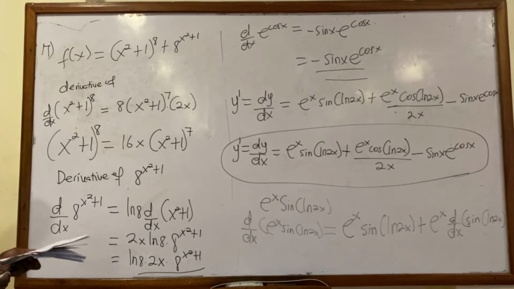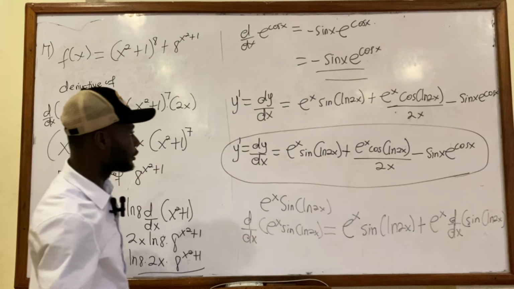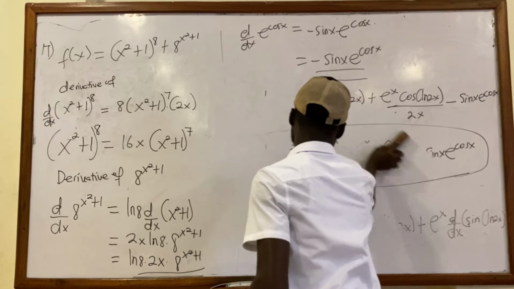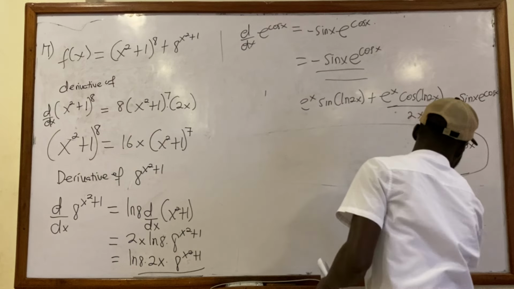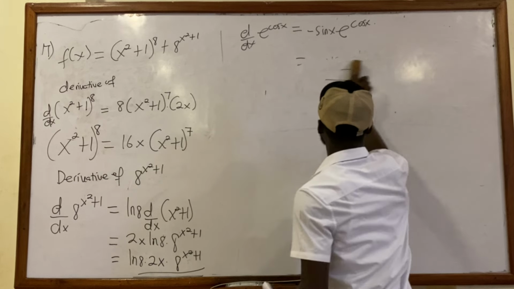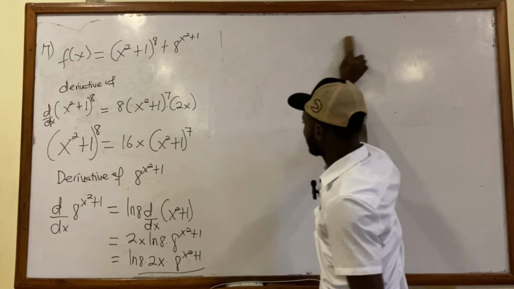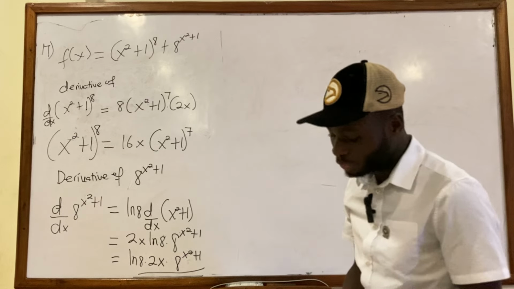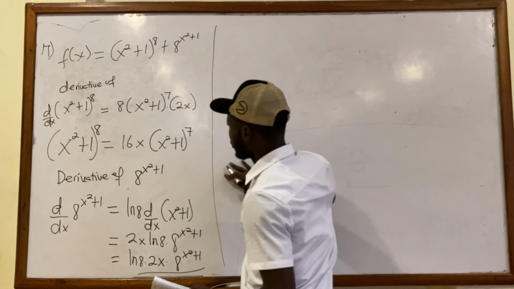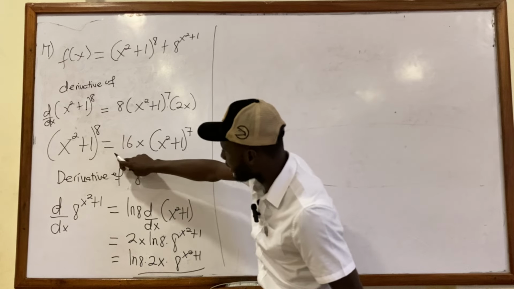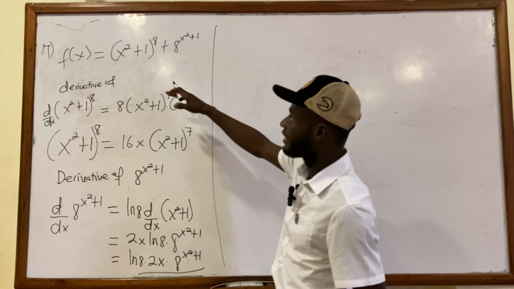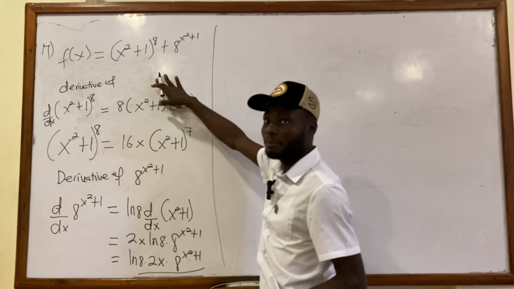All right, so now let's combine the two results obtained. Combining this derivative and this derivative gives the first derivative of the function on the board.